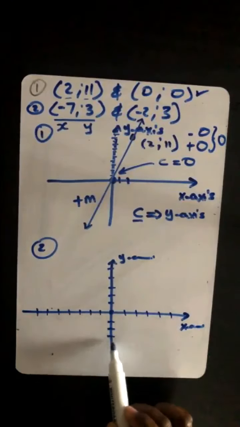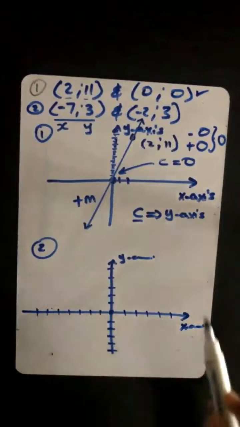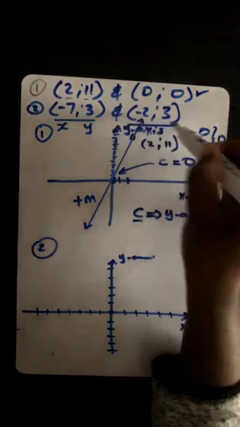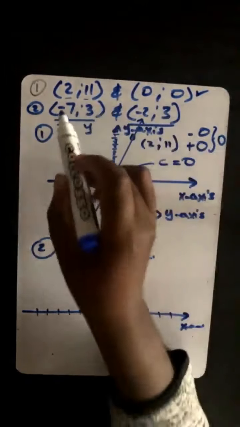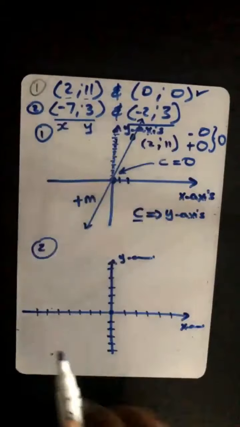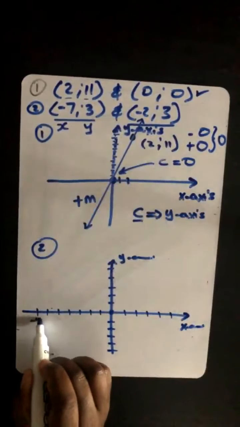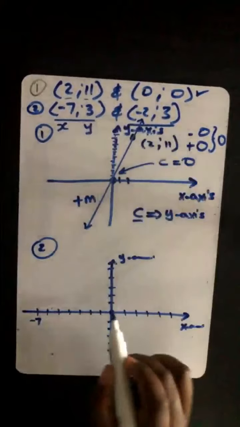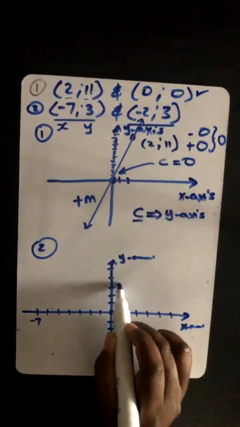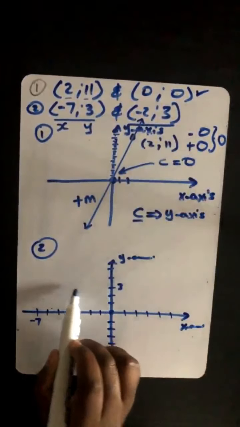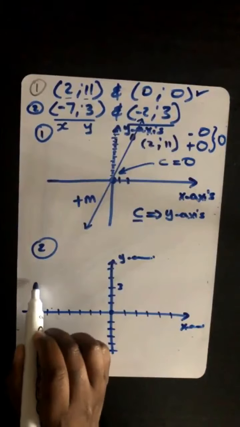So let's now locate those points. Where x is -7, obviously it's there, and the y value is 3: 1, 2, 3. There we've got 3. So it's that point somewhere there.